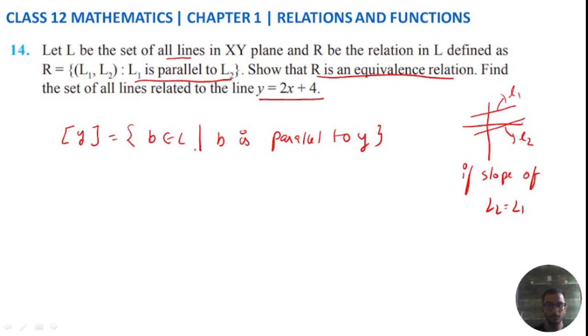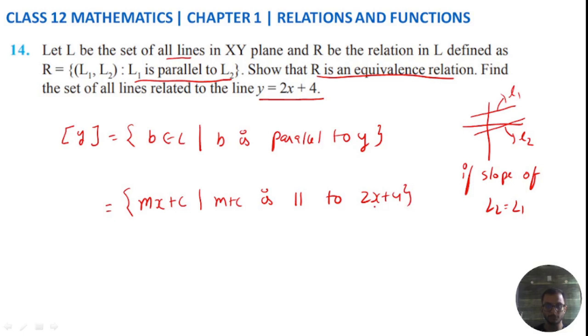Okay. So as this is a line, how will it look? Something like mx plus c. This is the standard definition of a line, right? Then mx plus c is parallel to 2x plus 4.